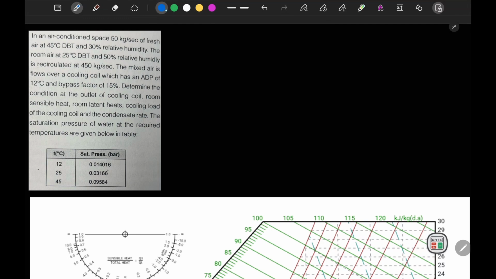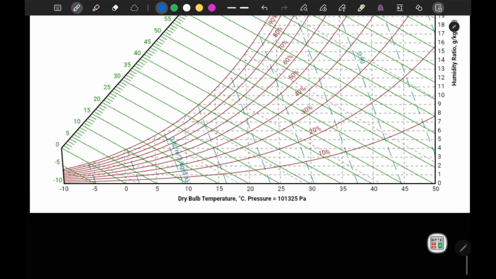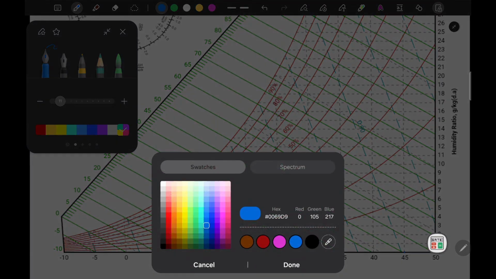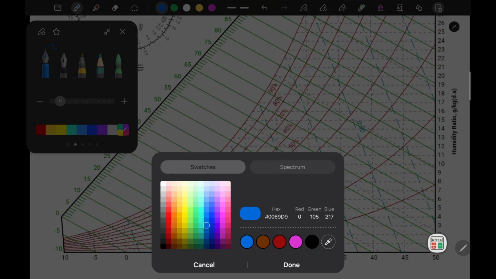If I look into the question, it is mentioned that outside is at 45 degrees Celsius and 30% relative humidity. Let me take a different color, let me use red.